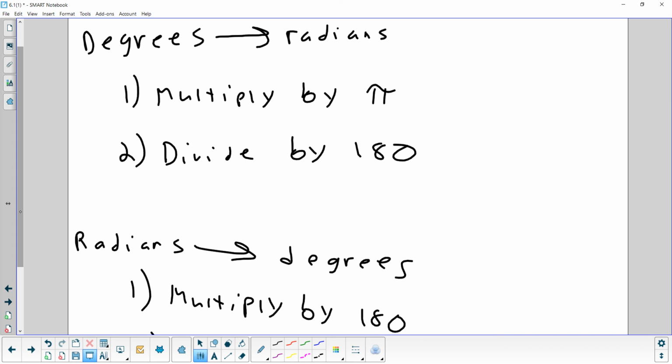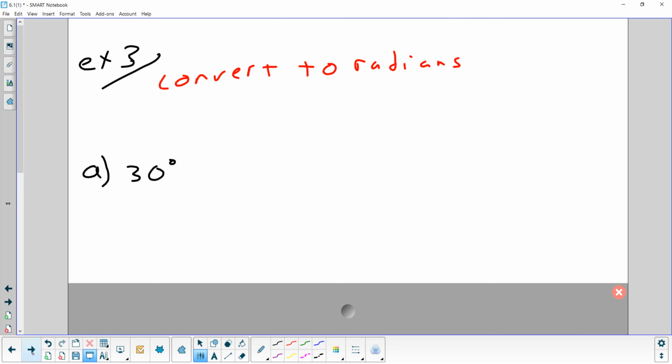All right, so now let's practice changing between degrees and radians. When you convert, you only have two options. It's either going to be the pi over the 180, or it's going to be the 180 over the pi. Think about 30 as a fraction.